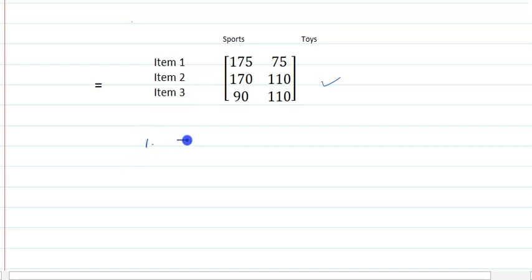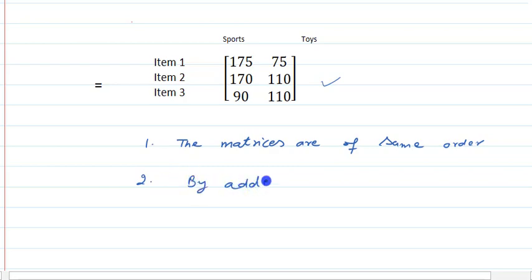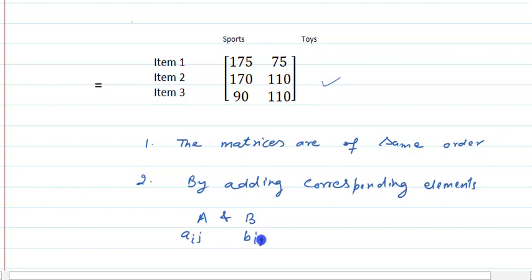Therefore, from this discussion, we came to know that addition of two matrices will take place when, number 1, the matrices are of the same order, and number 2, by adding corresponding elements of two matrices. Suppose we have two matrices A and B, and let the elements of A be represented by Aij and elements of B by Bij.